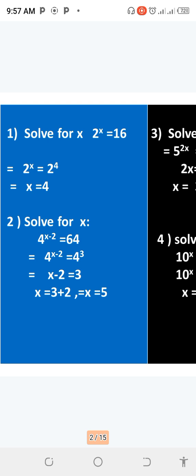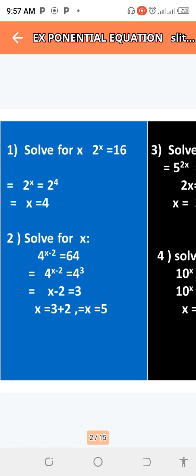Now, the question that is being asked here is this: how many times will 2 multiply itself to give you 16? That is to say that 16 is in the power of 2. For example, 2 times 2 times 2 times 2 is equal to 16.